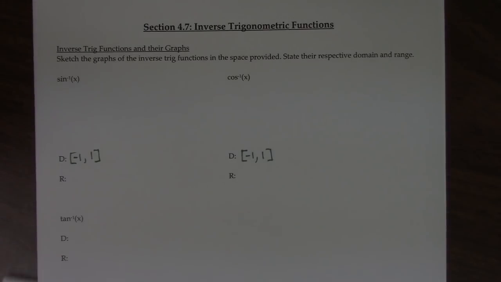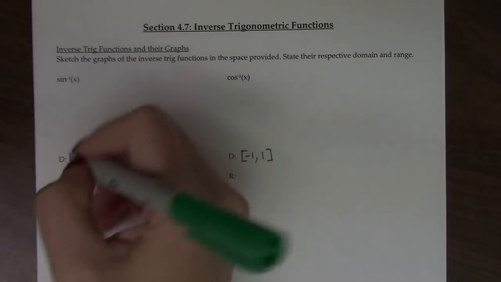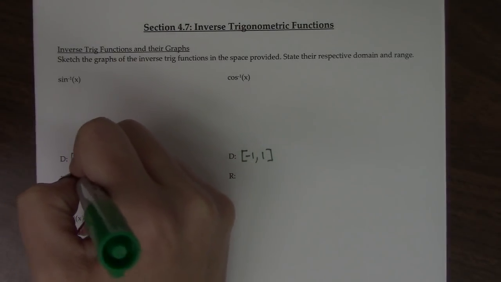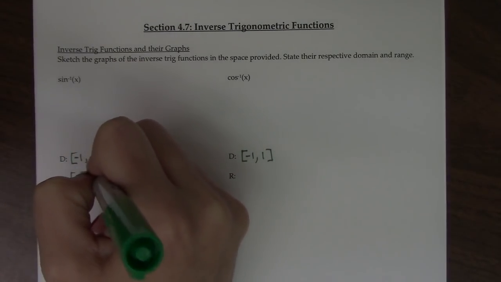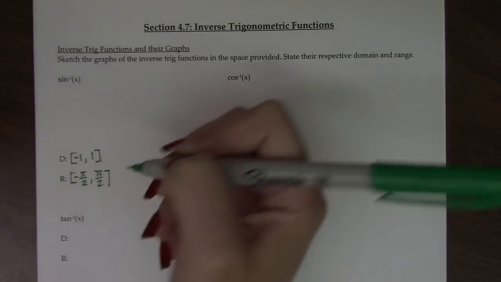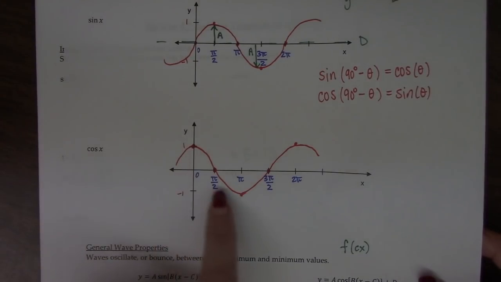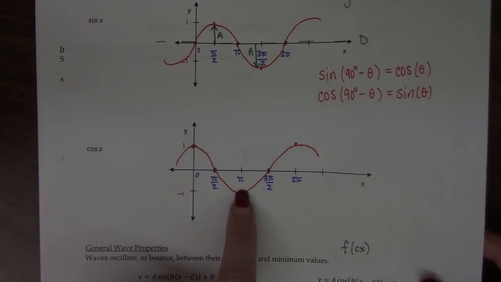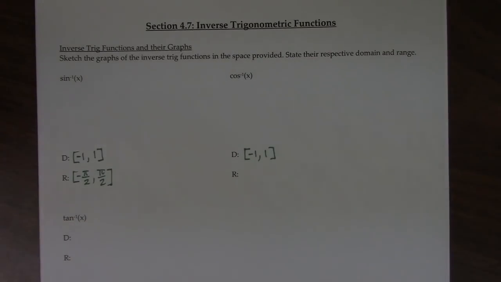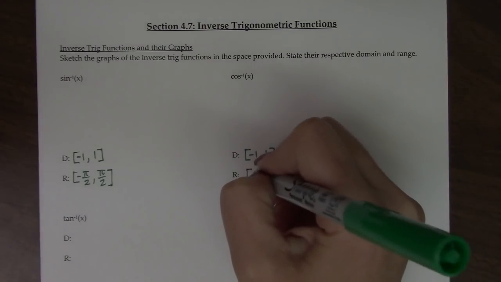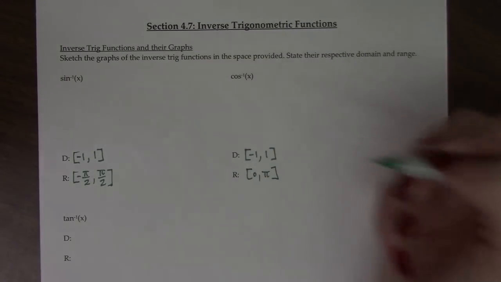If that's the restricted domain, then the range is going to be -π/2 to π/2. On a cosine wave, because it's slightly shifted, we trim it at the first turning point, and then we trim it again at the second turning point. So the range here is 0 to π.